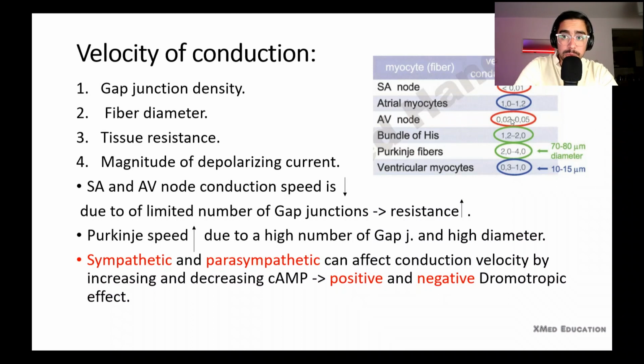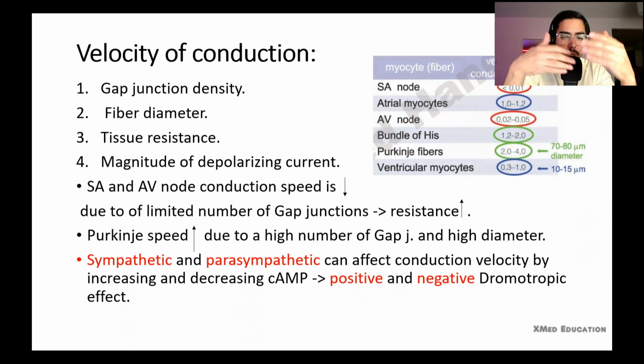This is the velocity of the conduction, and this velocity is slow in the SA node and AV node. Why? As I explained, the number of gap junctions is important, and in these two nodes the number is limited. When the number is limited, the resistance goes up.